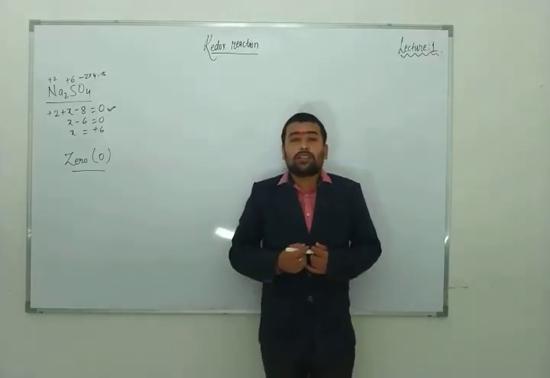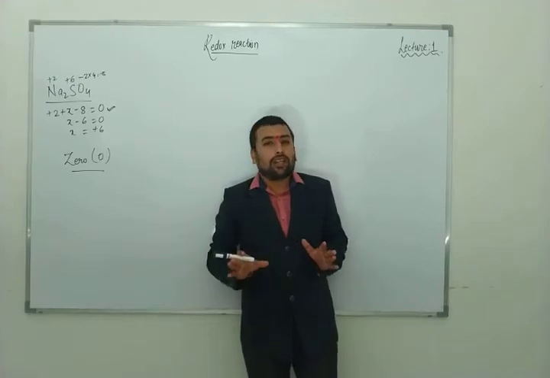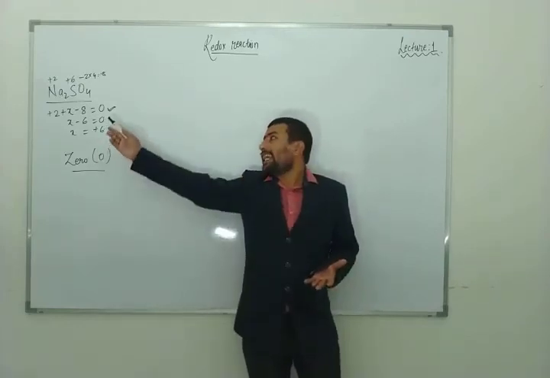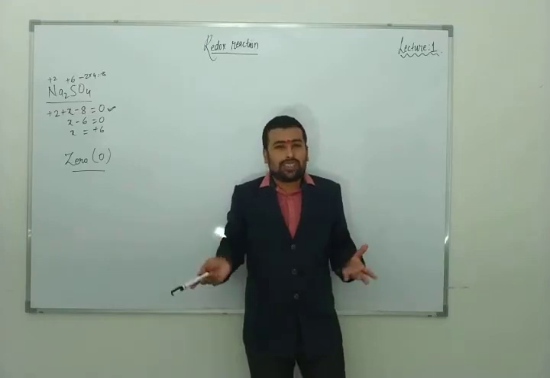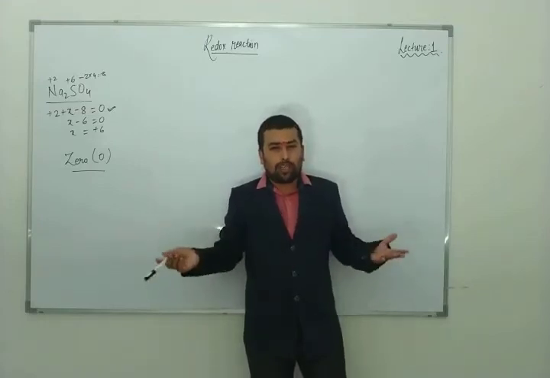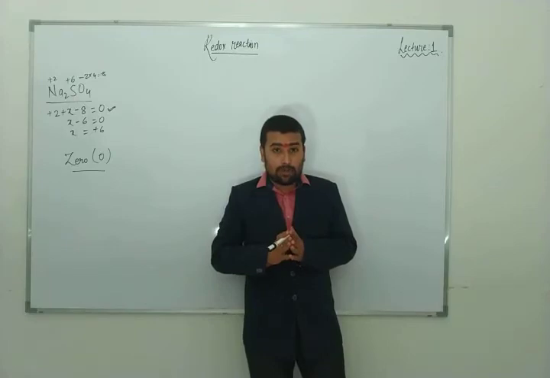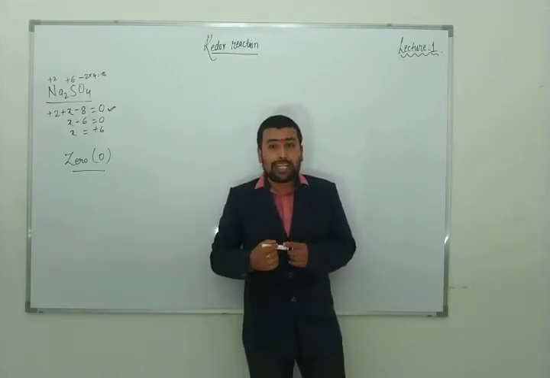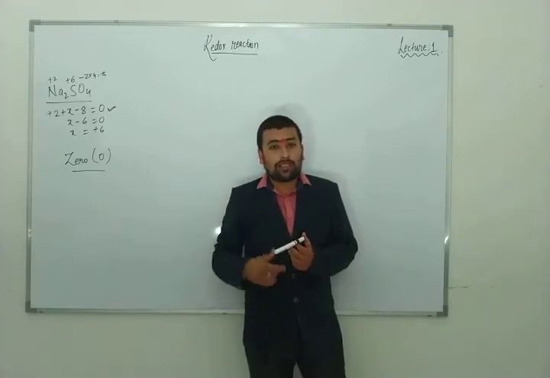You should remember the general oxidation state or valency of hydrogen, sodium, oxygen, fluorine, chlorine, bromine. Chlorine generally exists in -1. All the 17th group elements generally exist in the -1 oxidation state. All the 16th group elements exist in the -2 oxidation state.